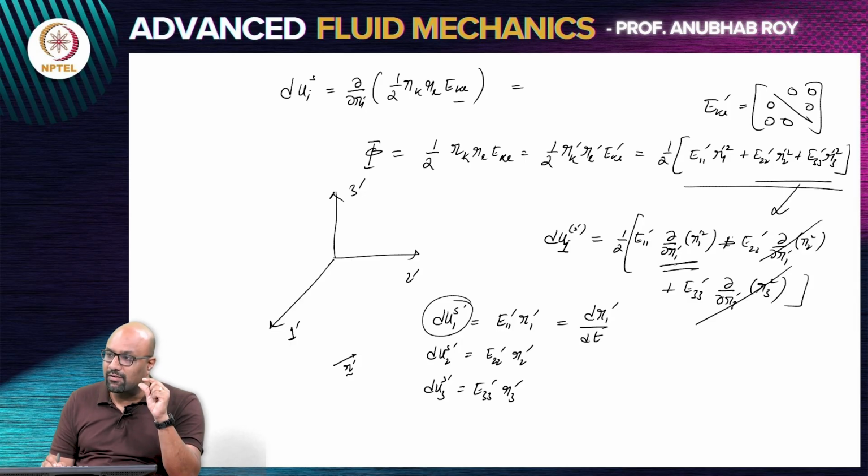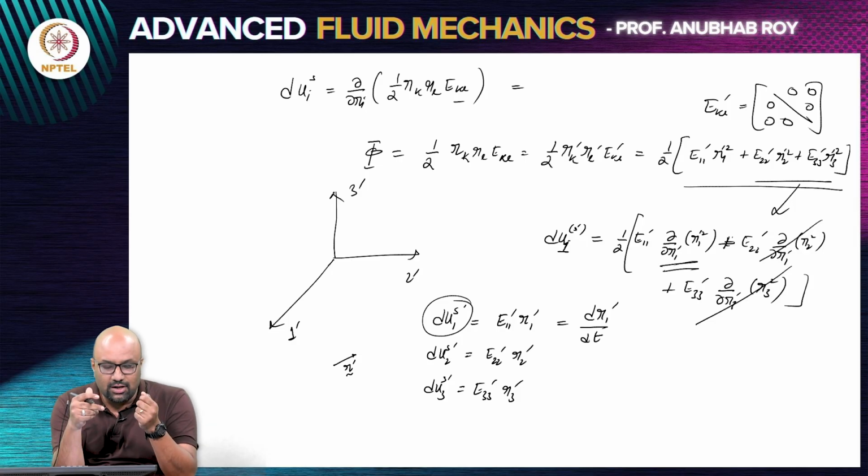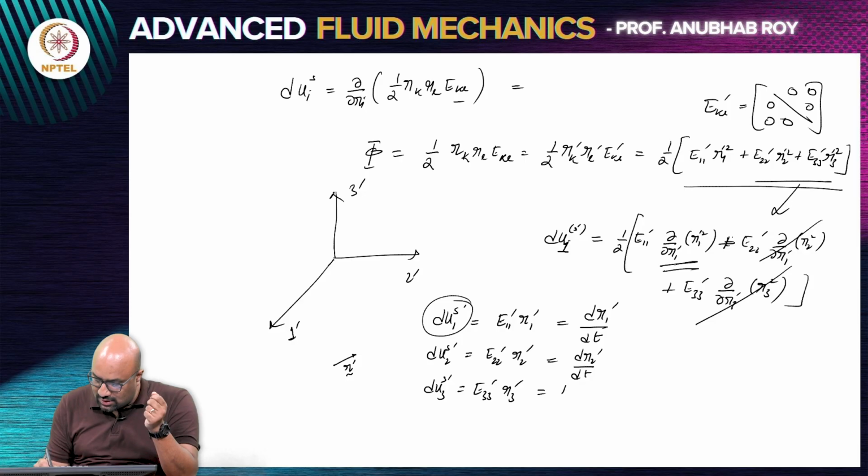That small change in the velocity is related to how the separation is actually changing, because the 2 points do not have the exact same velocity, which means their separation is going to change. So, the separation vector, r1 in the one direction or r1 prime in the 1 prime direction, is going to change in response to a velocity du1 prime. Similarly, this is going to be dr2 prime/dt and dr3 prime/dt.